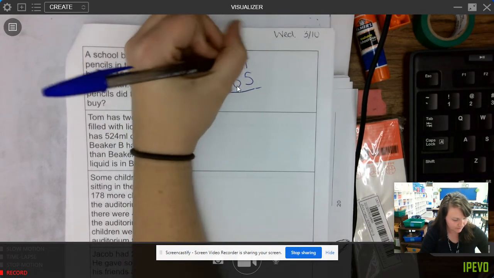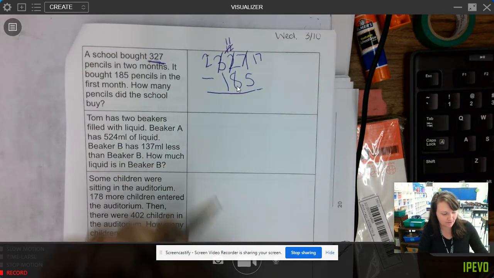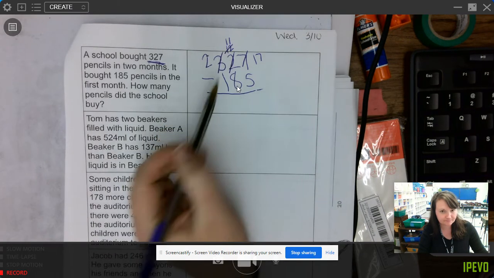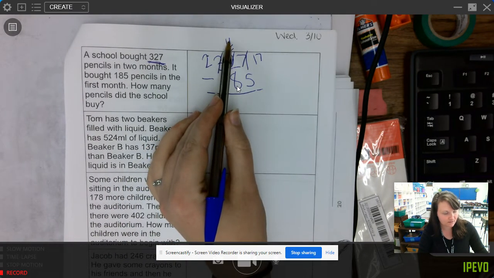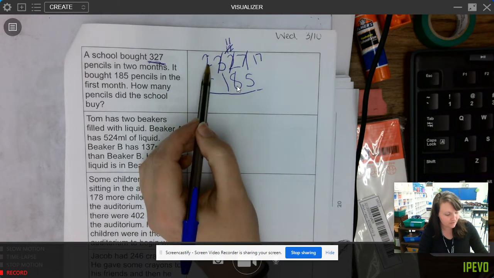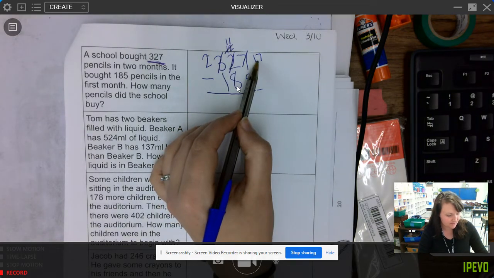If we have to do 17, then that would be 11. So you still had to borrow the 10 from here, because there's 11 tens, 110, right? 200 plus 11 tens, which is 110, is 310, plus 17 is 327.